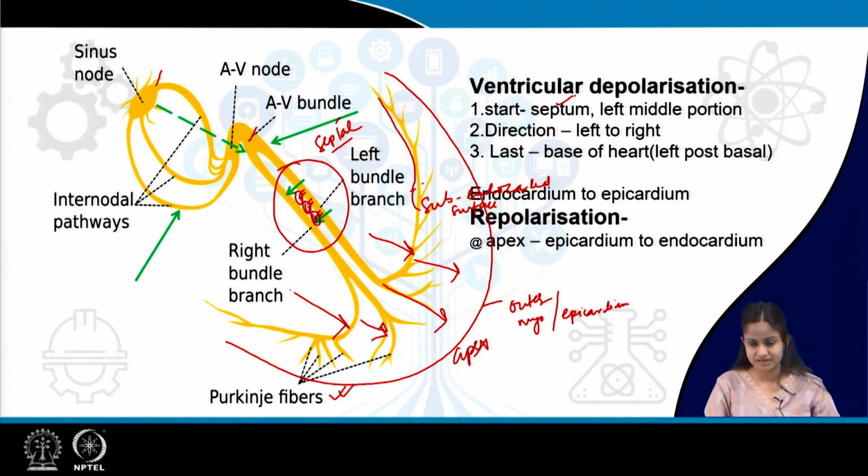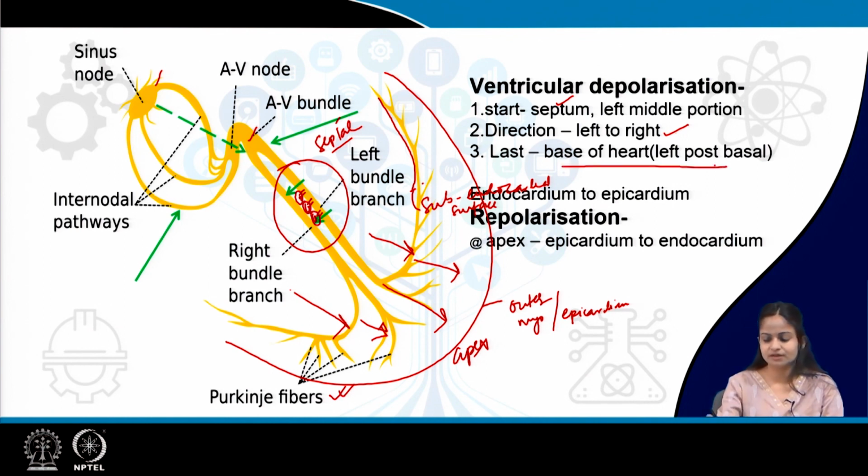The left middle portion of the septum will get depolarized first. The direction is left to right, and the last portion of the heart to get depolarized is the base of the heart, the left posterobasal region, and the ventricular depolarization is from endocardium to epicardium.